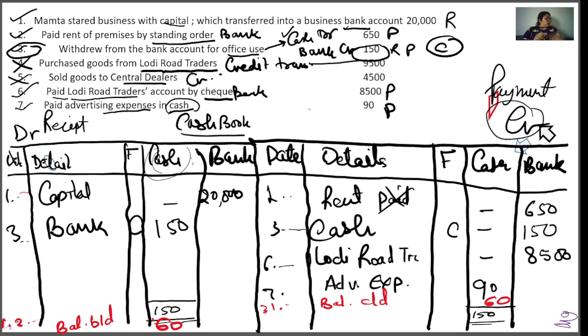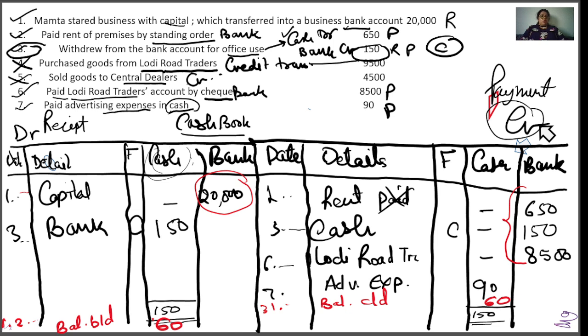Okay. Next is the total of bank column. Let's do. The debit side bank column is 20,000 and the credit side we need to add 8,500 plus 150 plus 650.